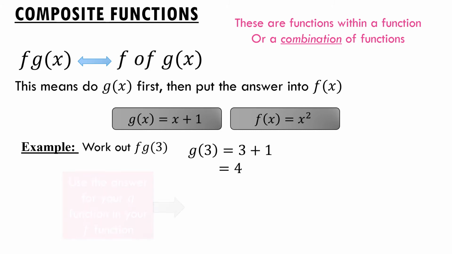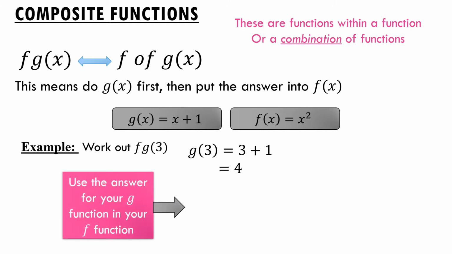I'm going to take that output, the answer that I've got for g of 3, and put that into my function of f. As it says in the pink box, use your answer for g, which is 4, and put it into your f function. My f function is x squared. So I take my 4 as my x value, put it into the function, so 4 squared, and then I get 16.